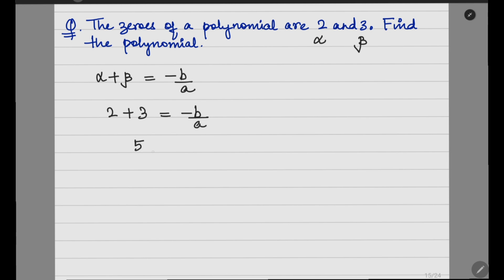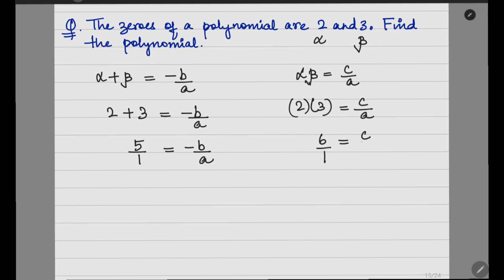So alpha is 2 plus 3, which should be equal to minus b by a. 3 plus 2 is 5, which I can also write as 5 by 1, equal to minus b by a. And alpha into beta should be equal to c by a. Alpha is 2 multiplied by 3, which is nothing but 6, so I'll write 6 by 1 equal to c by a.